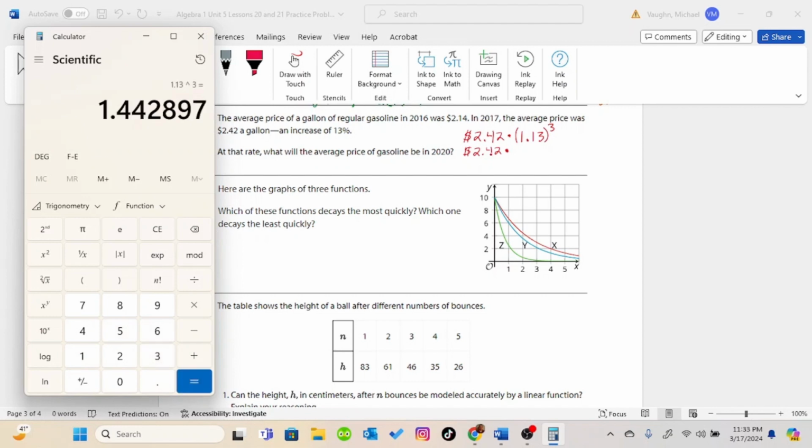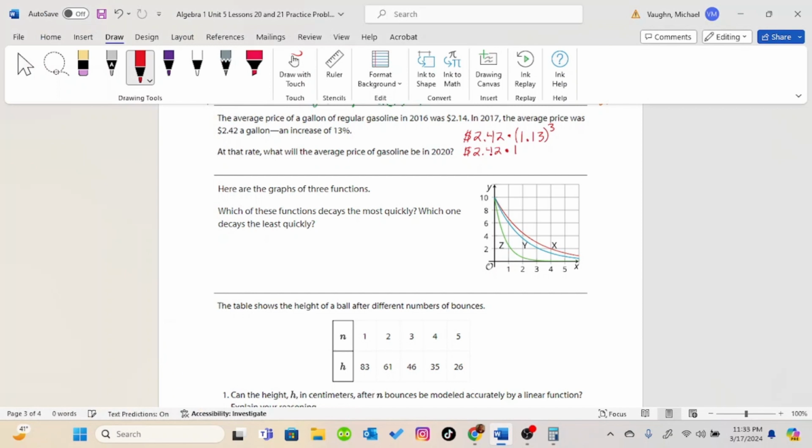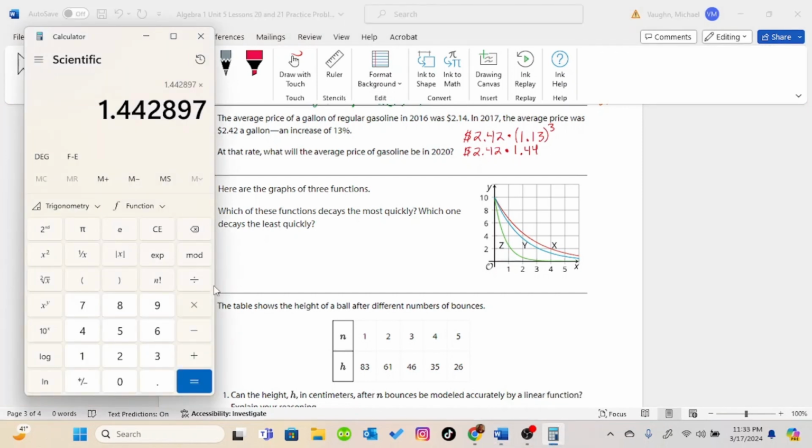This gives us our new compounding rate of 1.44. Now we multiply that by the original $2.42, and because this is money, we will round our answer to $3.49.